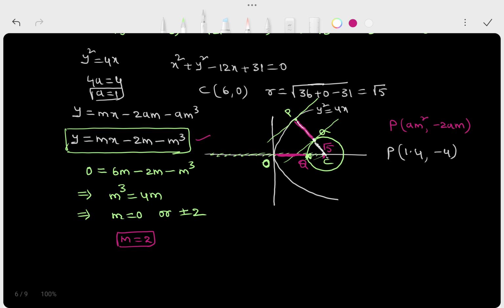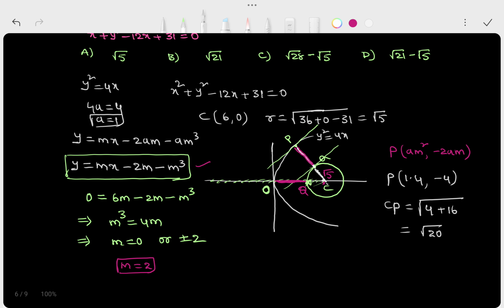So what is the distance CP? CP equals square root of 6 minus 4, that is 2, whole square is 4, plus this one is 16. That means this value will be root 20.